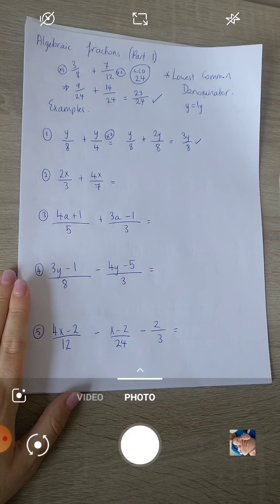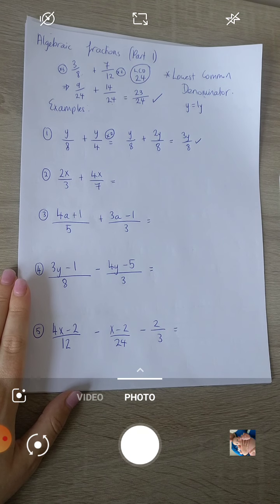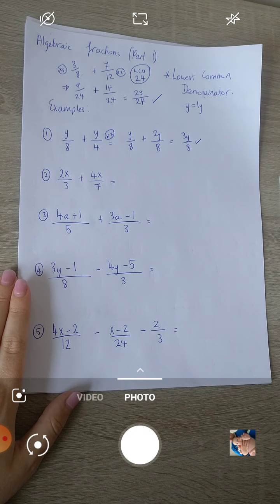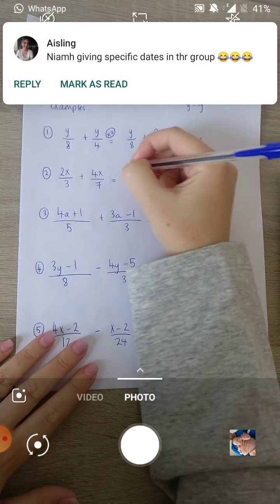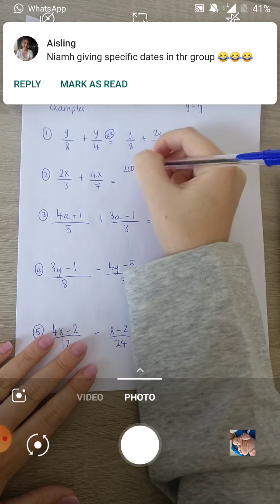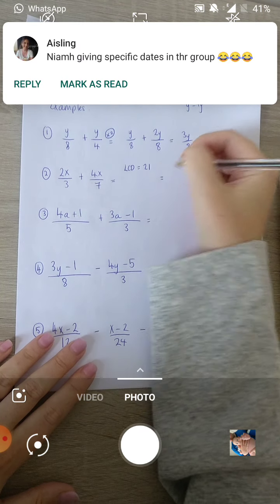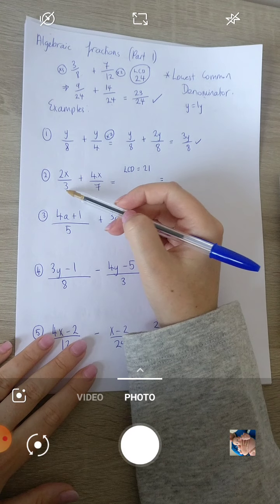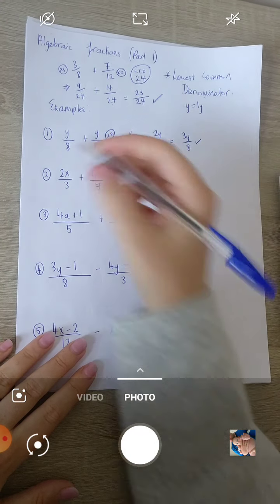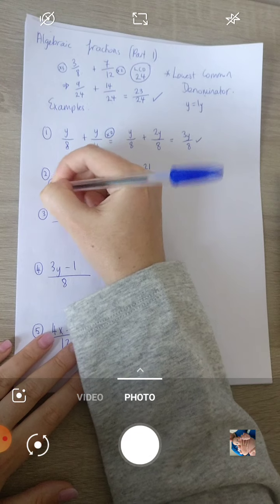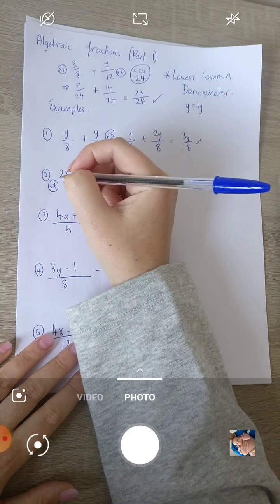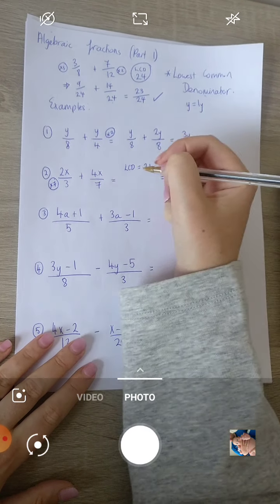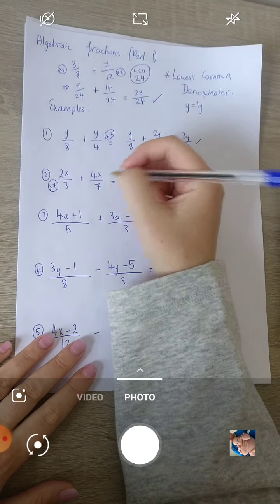All right. Next example, we have denominators 3 and 7. So the lowest common denominator here would be 21. If we look at the left-hand side, in order to make 3 become 21, we're multiplying all of the left-hand side by 7, and we're multiplying all of the right-hand side by 3.